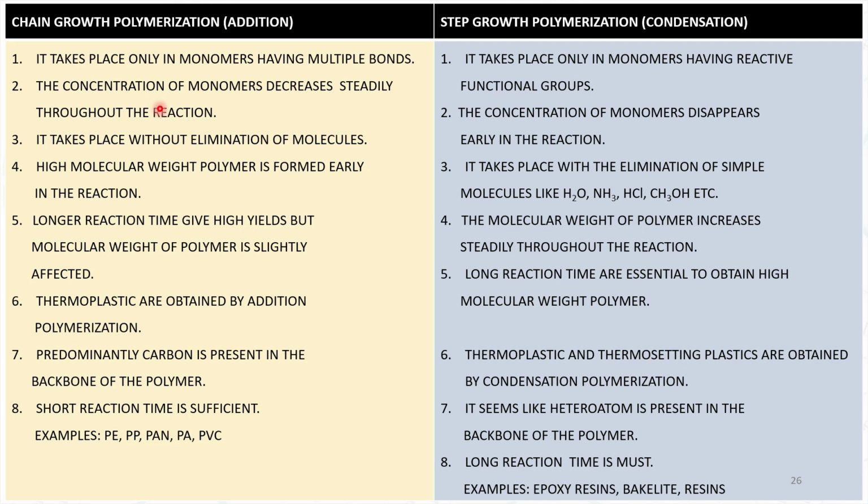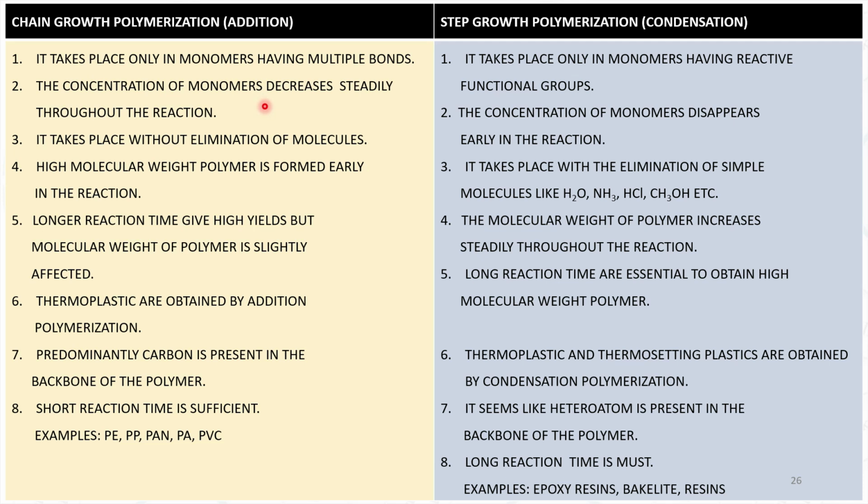It is not like that. In addition polymerization, you get high molecular weight polymer in the initial stages, but the monomer would be there, and these monomers go on decreasing if you continue the reaction, and this will increase the yield of the polymer as well. Please remember, this is something very, very important. You need to understand, right?